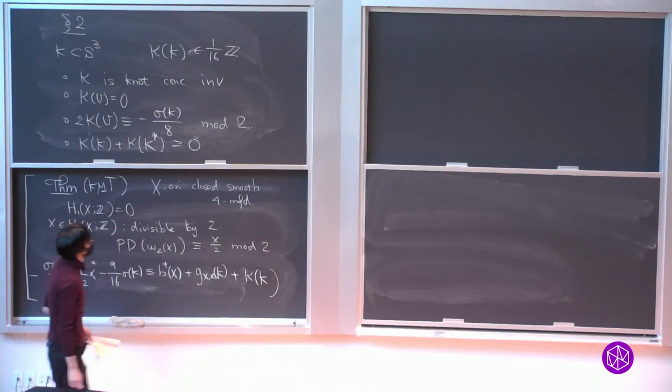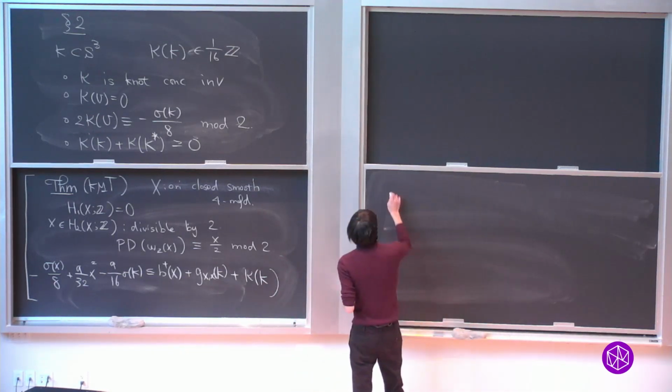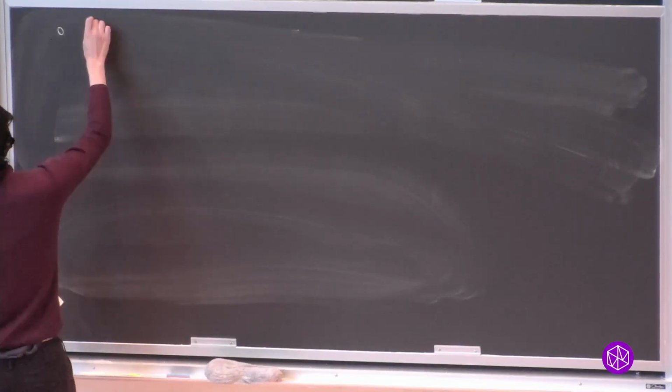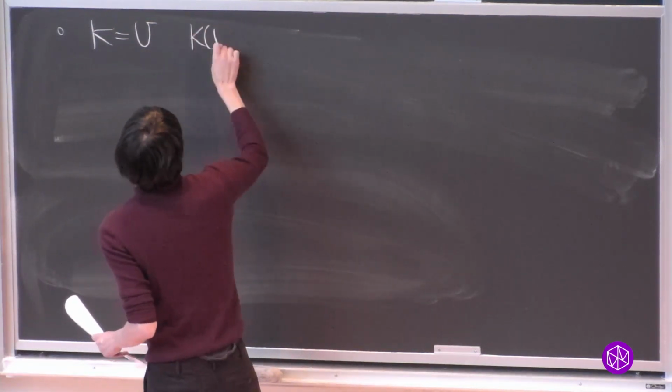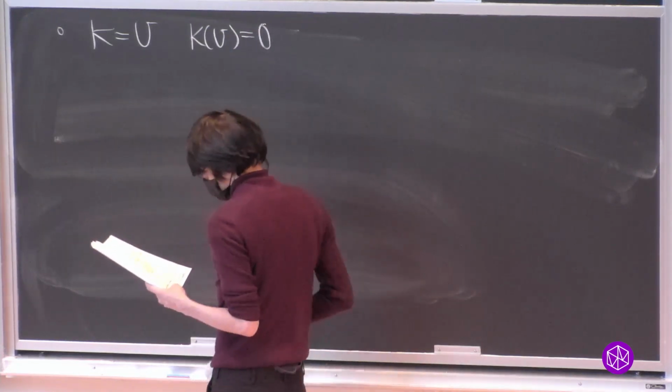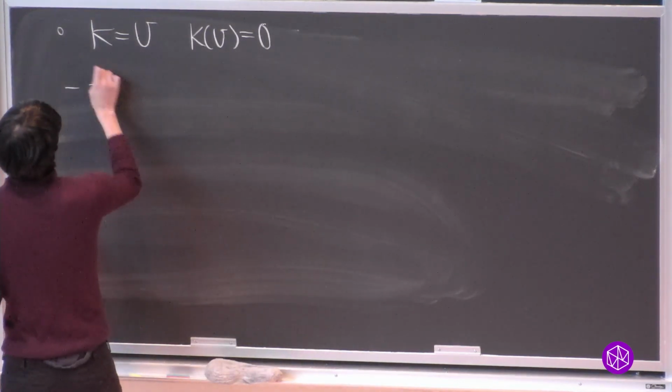So let me just focus on a really simple case first. If you put K as the unknot, then kappa of the unknot is equal to 0. So just by putting this in, we have this inequality.